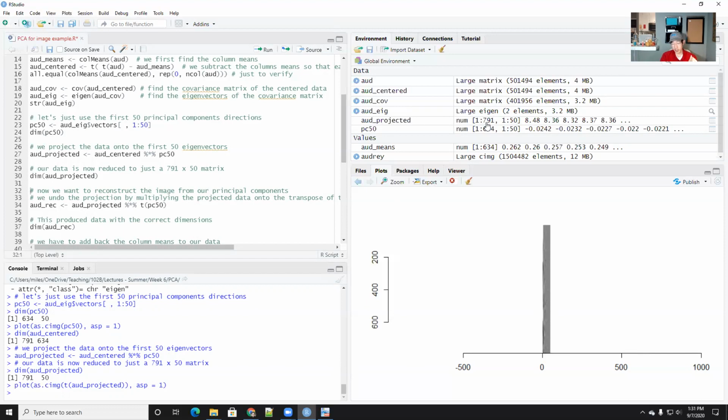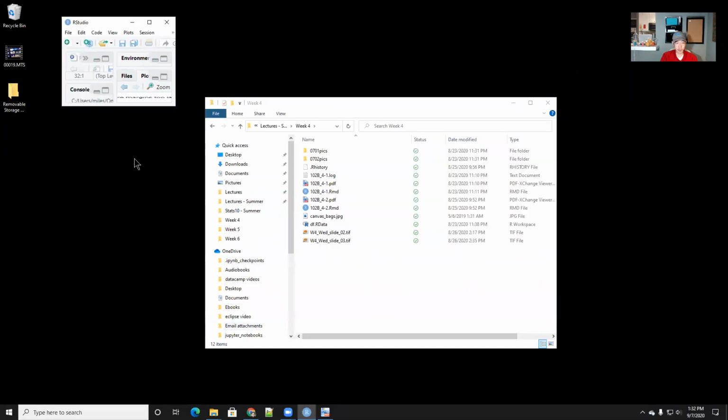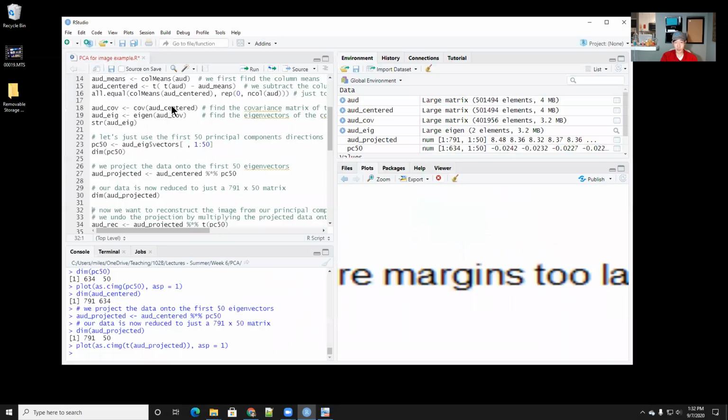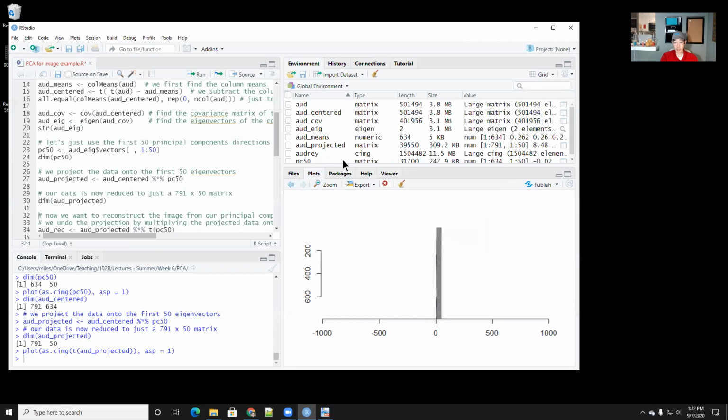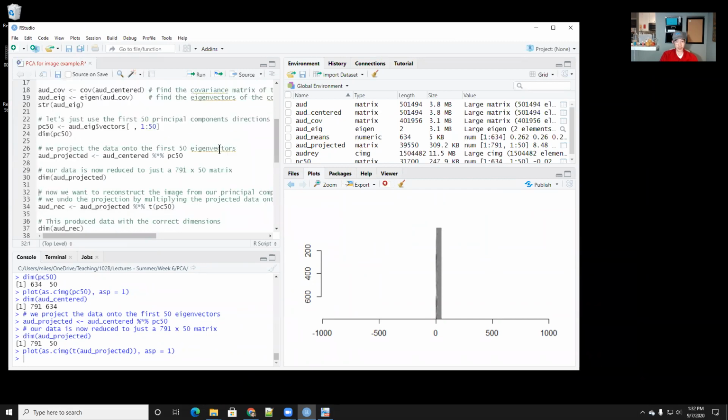Maybe we can just take the projected data. If I wanted to, I could say, let's delete everything else. What do I need to keep?